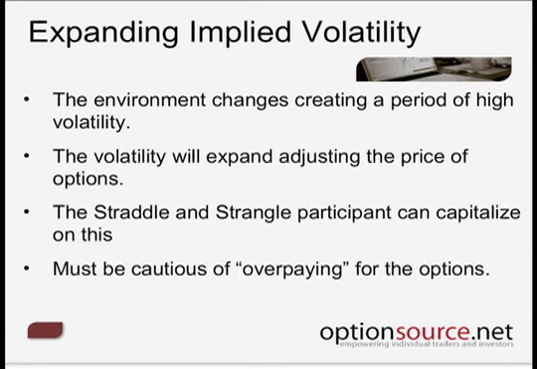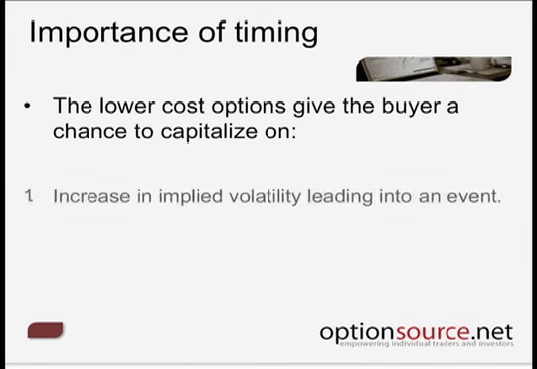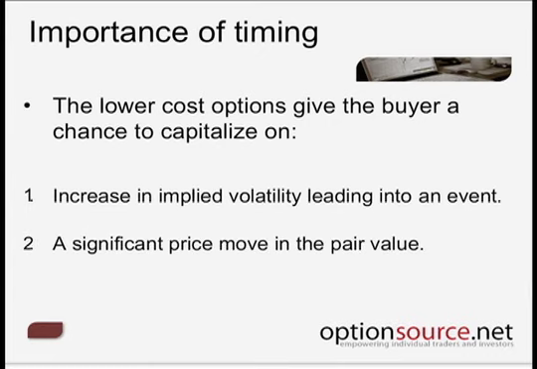And now, when we consider the importance of timing our entries for these particular strategies, the lower cost of the option gives us, as the option buyers, in other words, buying a call or buying a put, a chance to capitalize not only on an increase in that implied volatility leading into a particular event or a particular movement, but also a significant price movement in the pair value.